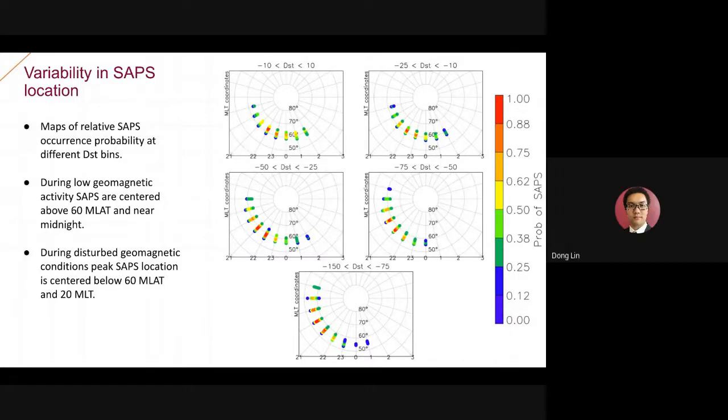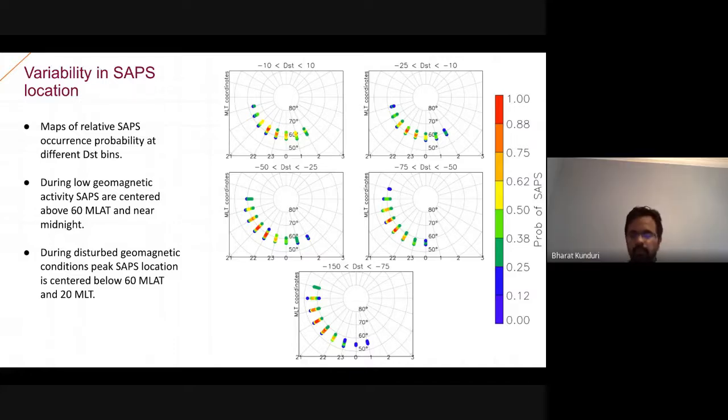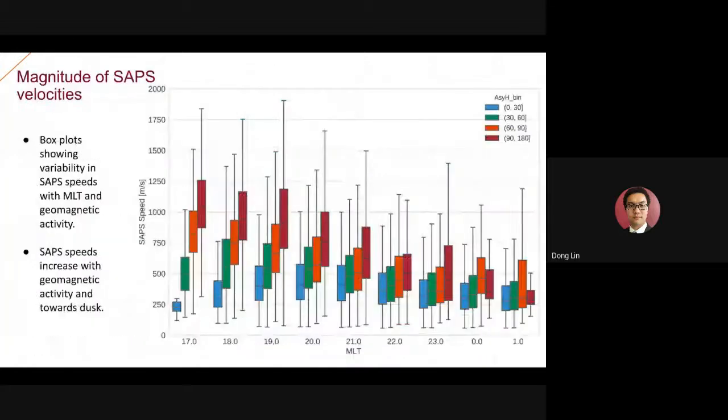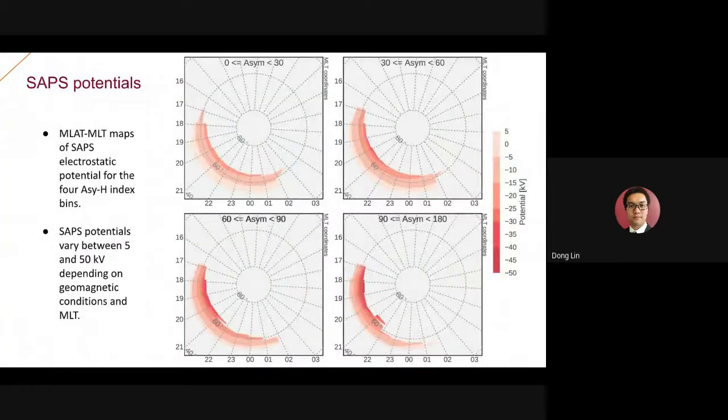Okay. Yeah, in another study, you showed the potential drop across the SAPS channel. Mm-hmm. I wonder, have you looked at how much this potential drop is relative to that cross-polar cap potential?